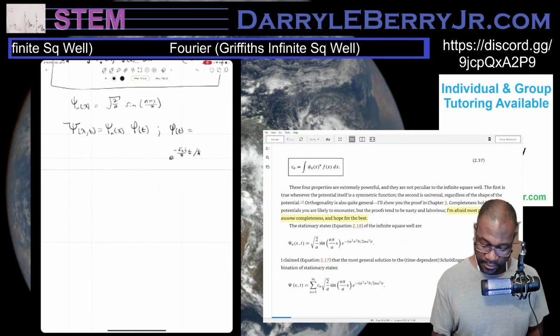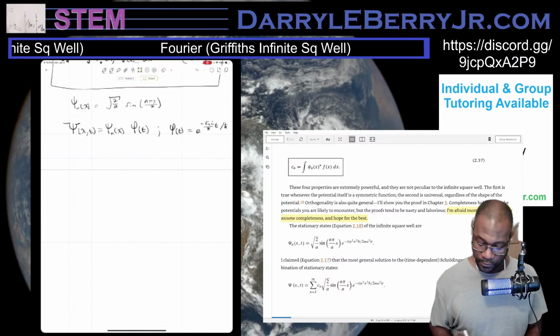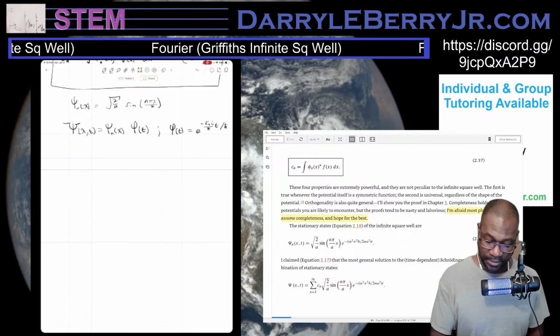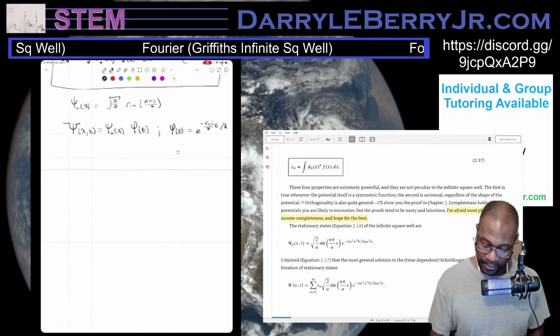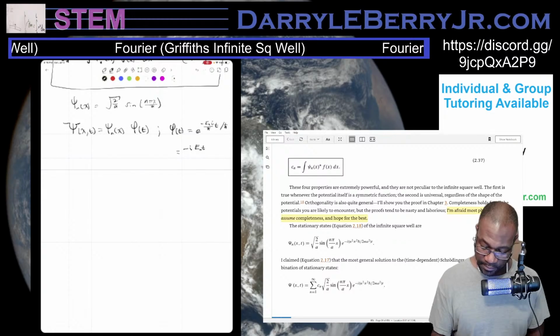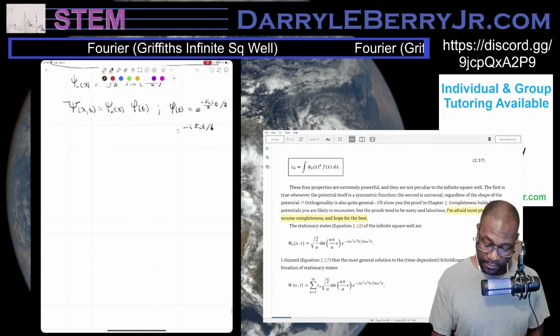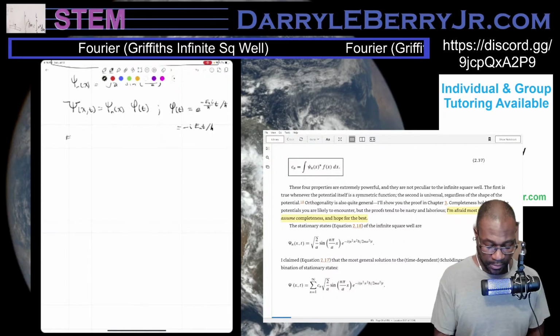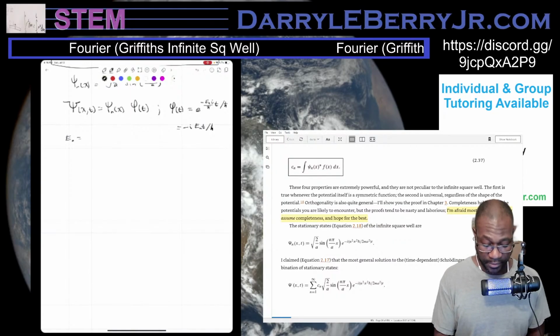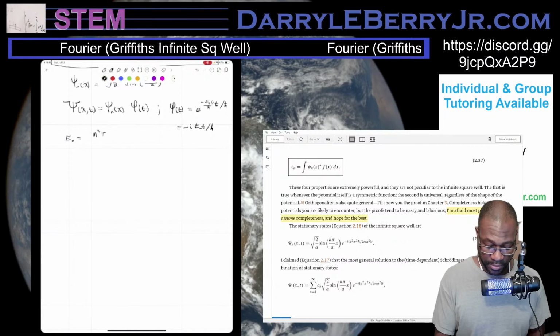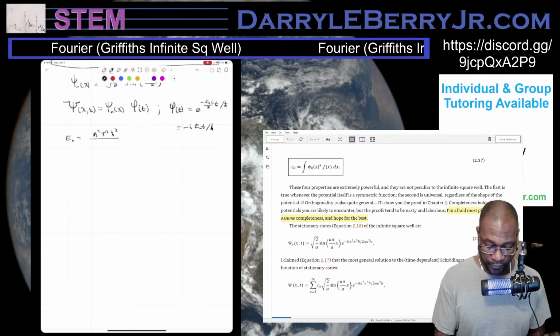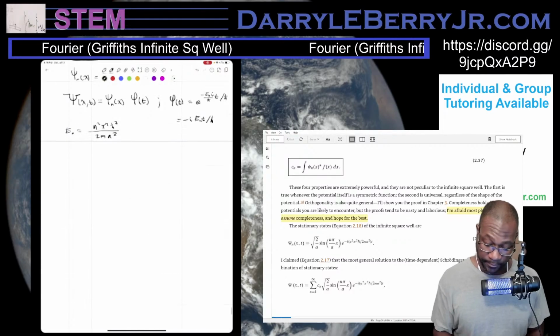The default one is this, e^(iθ). To write it a different way, negative i E_n t over h bar, and E_n, which we solved last week, is, recall, n squared pi squared h bar squared over 2m a squared.